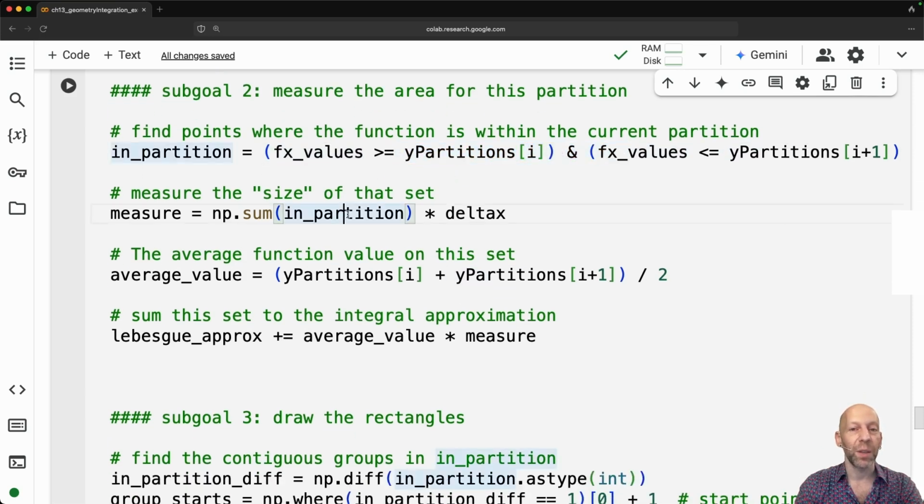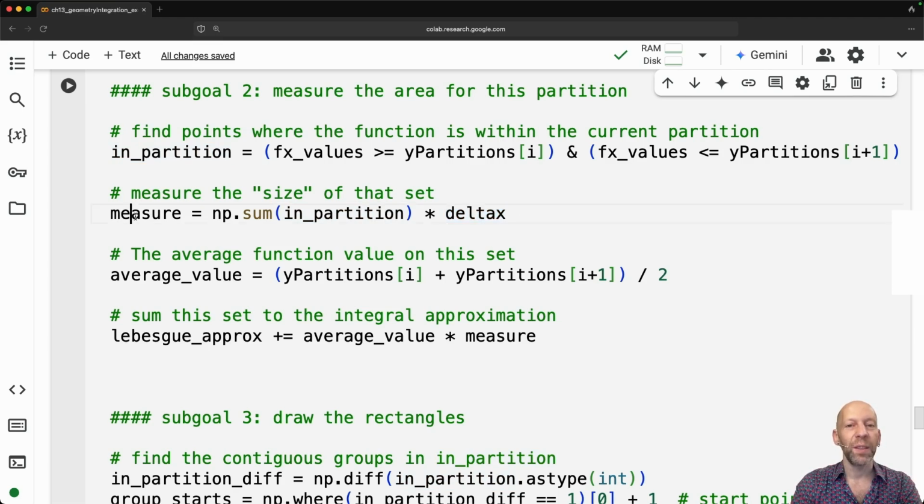And then we just measure the size of this. So it's literally just the sum of these numbers. The output of this is Boolean, which converts to 1 and 0 inside the sum function. So this is looking at all the x-axis values and saying how many of these x-axis values are in the function between the two boundaries, and then multiplying that by delta x.